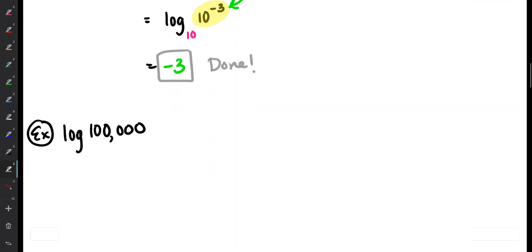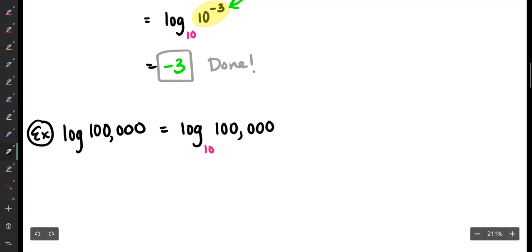Log of 100,000. This is log base 10 of 100,000. It's asking me 10 to what power is 100,000? Oh, that's 10 to the 5th right there.